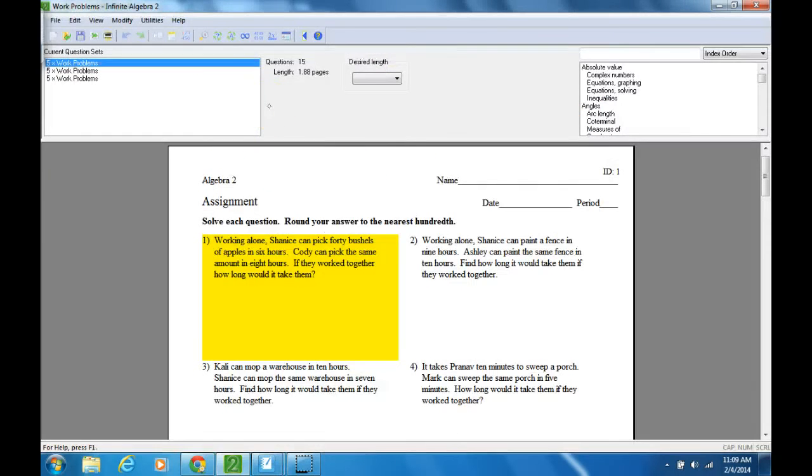So we're looking at number 1 for the worksheet. And what we're looking at, let's just read it. Working alone, Shanice can pick 40 bushels of apples in 6 hours. And Cody can pick the same amount in 8 hours. What if they work together, how long would it take them? Okay?